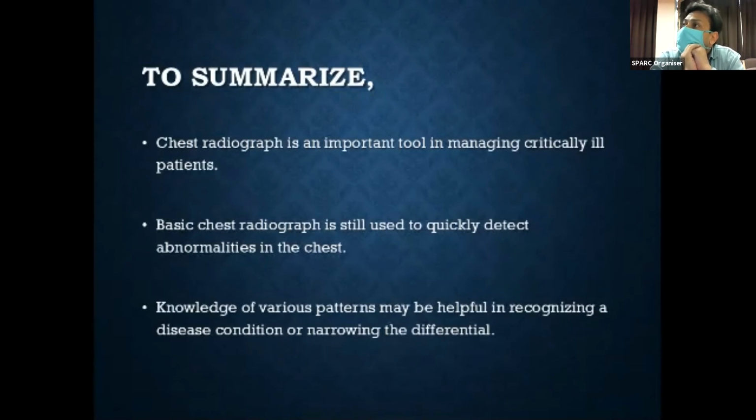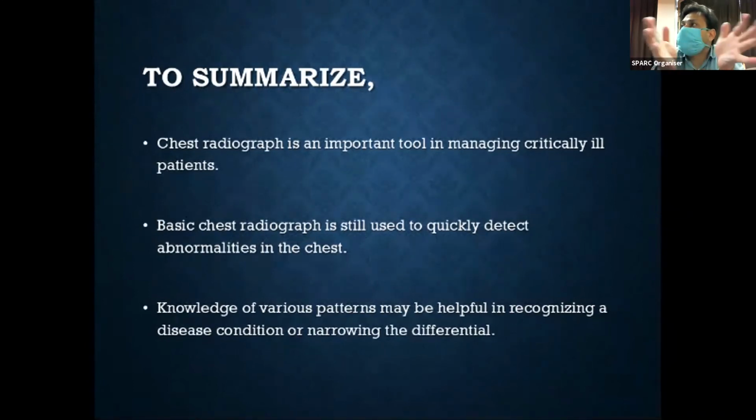So to summarize, chest radiograph is an important tool in managing critically ill patients. And although limited information is obtained, it is still a good quick test to detect abnormality. And sometimes CT, of course, gives us a lot of information, but we can't get the patient down to the CT every time, and there is an associated radiation exposure.